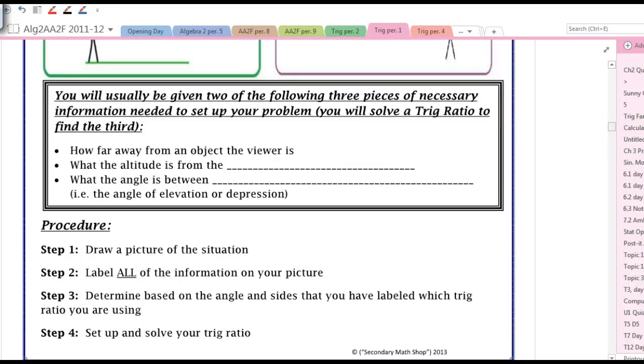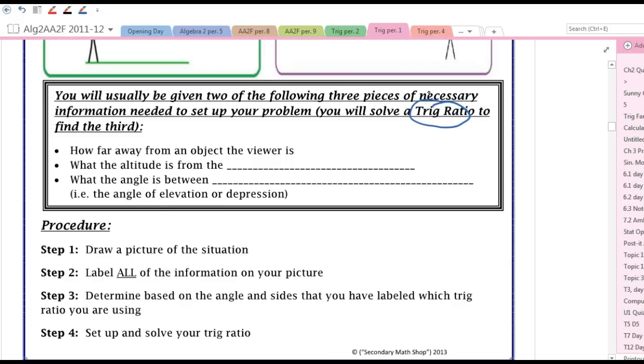All right. So basically, when we're solving these problems, you will usually be given two of the following three things to set up your problem, and you are going to need a trig ratio to find the third. Maybe we're going to tell you how far away from an object the viewer is.